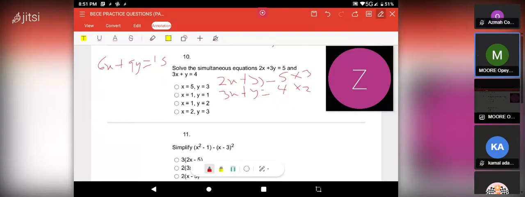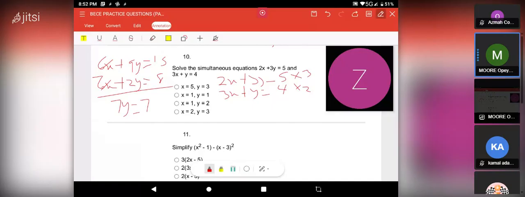The second equation will become 6x plus 2y equals 8. So we can just eliminate by putting the minus sign here. 6x eliminates 6x. 9y minus 2y, 7y equals 15 minus 8, 7.